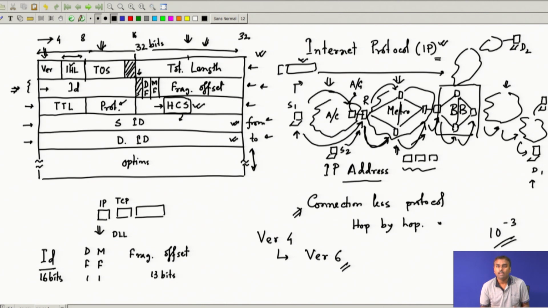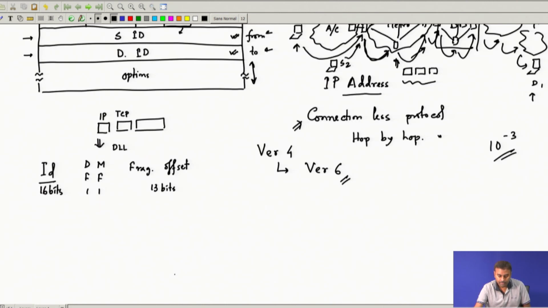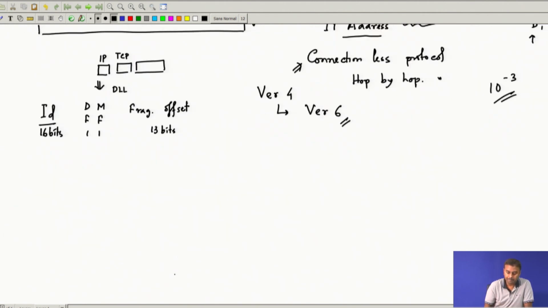So, let us try to see how it operates. What we are talking about is something like this: a particular router, an intermediate router, gets a long IP packet. From the routing table it has decided that it has to forward it to the next router.